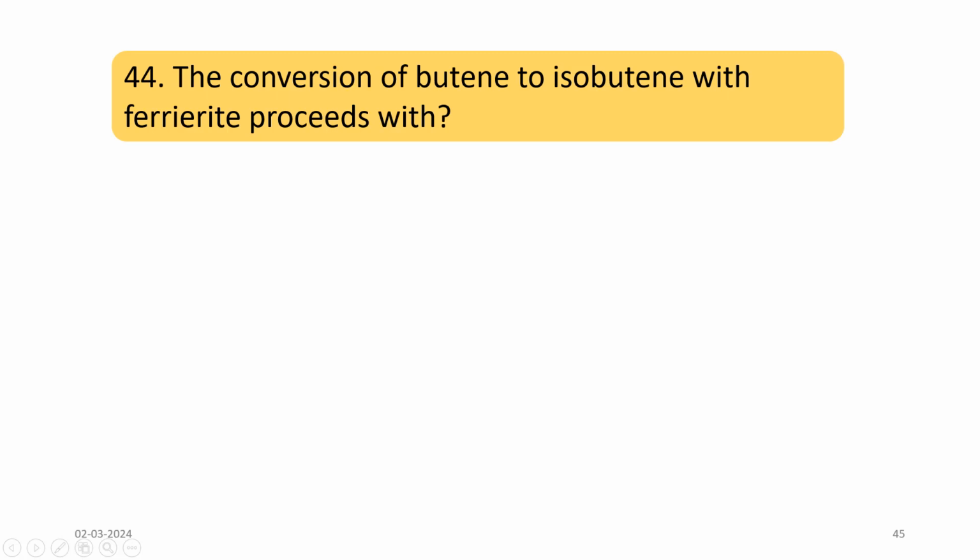So first the dimerization happens. This ferrierite is a zeolite catalyst which has medium-sized pores, and first dimerization happens to yield a C8 intermediate, which then undergoes skeletal isomerization.